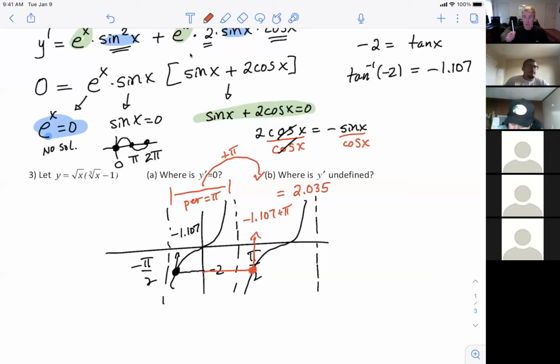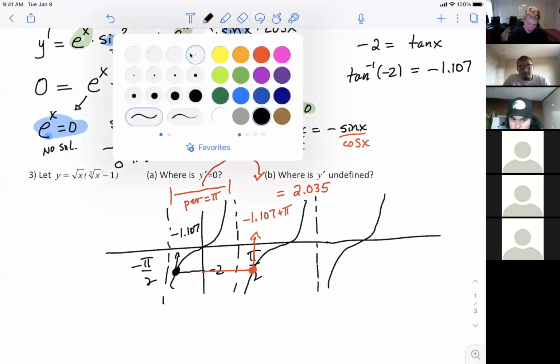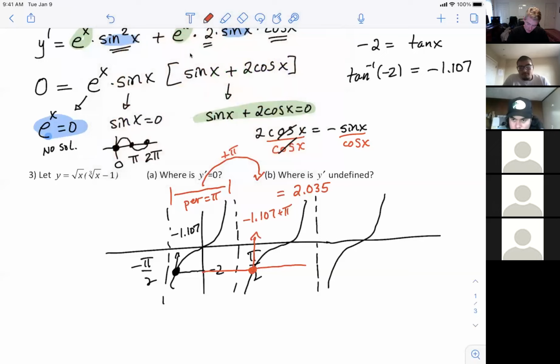And then there would be one more answer. Because if you extend the x-axis out and then draw tangent one more time, and then you continue the red line over, that would mean add on another pi.